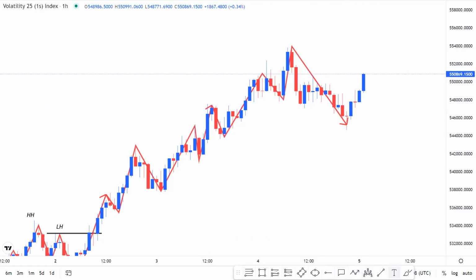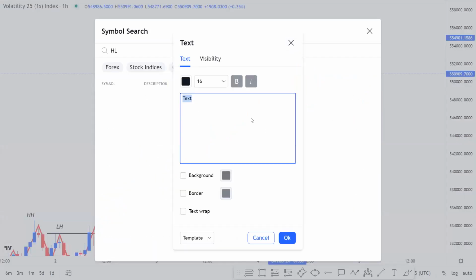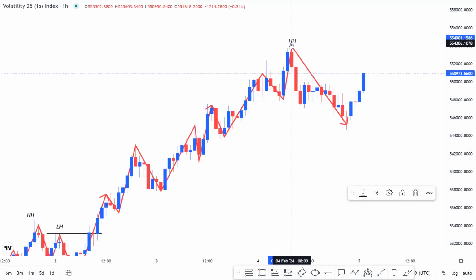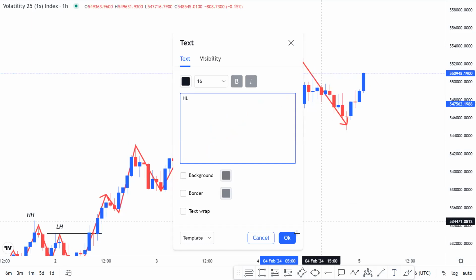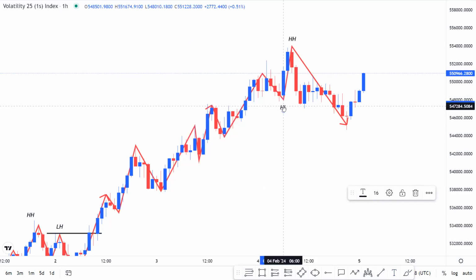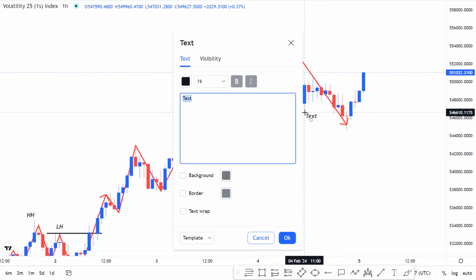owing to the fact that we have seen price close below the most recent higher low. So we've had a nice close below the most recent higher low, providing us with a lower low right about here.